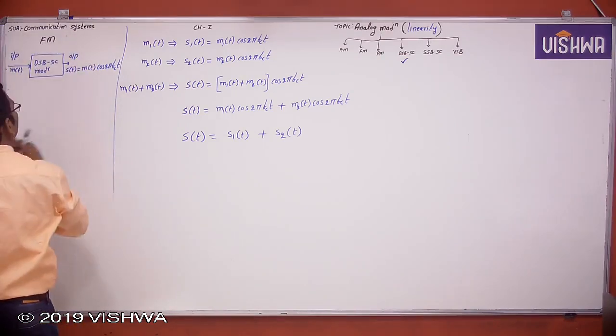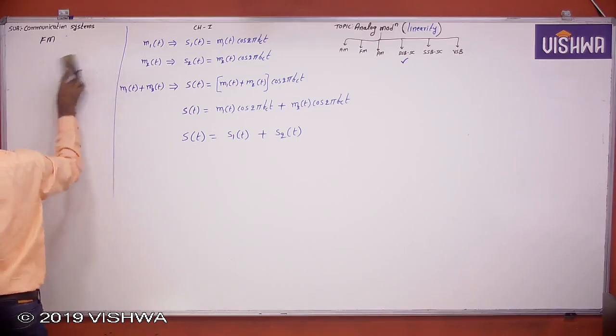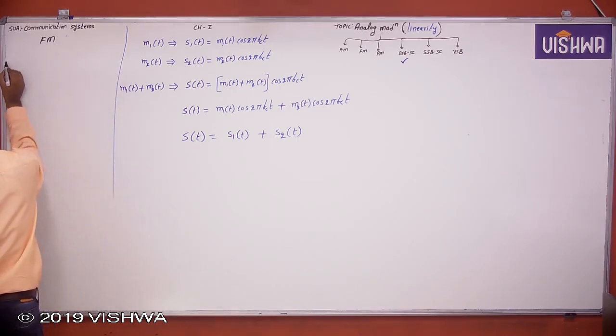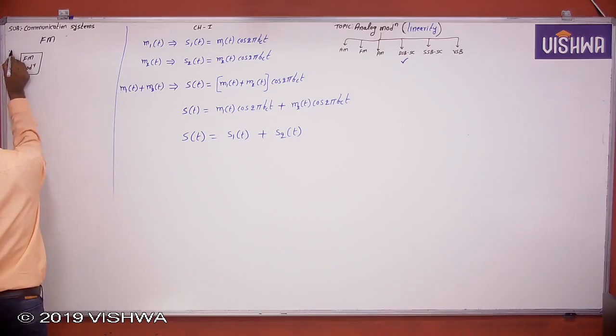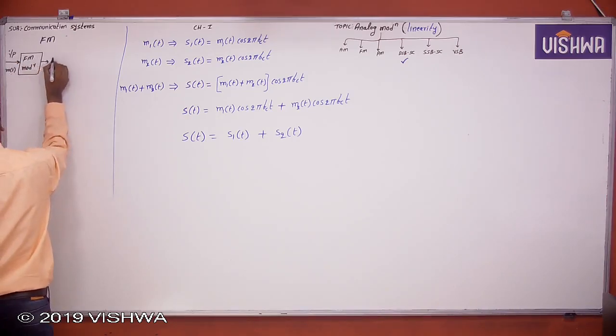Now this is FM signal. Now we'll see the FM modulator. This is input m of t. What is output?